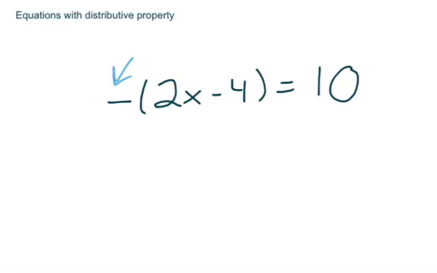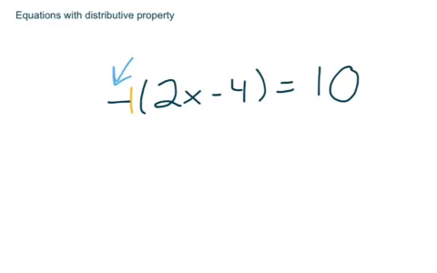What this is saying is you are subtracting this entire quantity, 2x minus 4. And so you have to distribute that. You have to subtract each of these quantities, or each of these terms that are inside the parentheses. And so we are going to distribute that negative to every term that is inside. So we're going to multiply through by a negative 1.